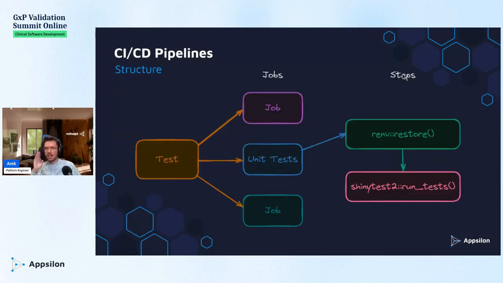Okay, so I already said that we are showing the first layer of segmentation or modularization. Here we can modularize it even further. Inside of a stage, we can define so-called jobs. And inside of jobs, we can define, or we should define, steps. So that is the implementation of our jobs and stages.